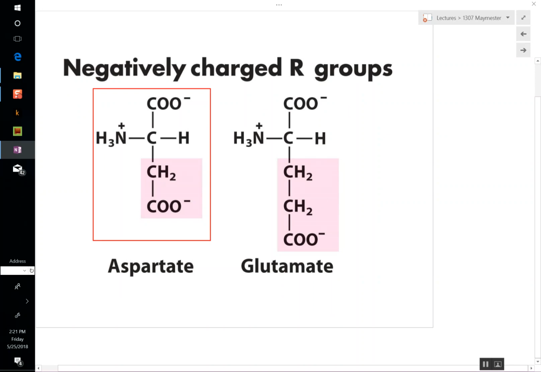And then finally, negatively charged ones. In addition to the acid that's in every amino acid, this one has another one. This is glutamate or glutamic acid. Glutamic acid would just have a hydrogen right there.